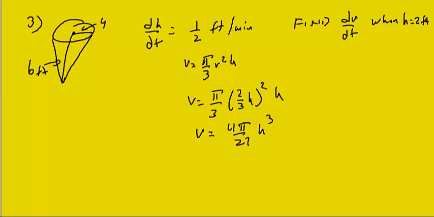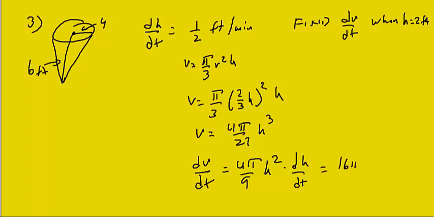Alright, take the derivative of this. dV/dt is equal to 4π/9 h squared dH/dt. And when you plug in 2, that will turn into 16π/9.